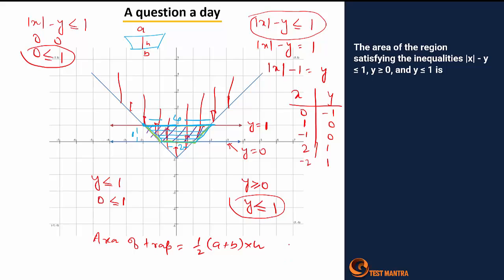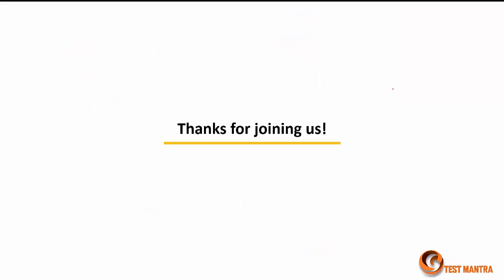So here the value is half of 4 plus 2 into height 1. That gives half of 6, which is 3. So my area is supposed to be 3. That will be the answer here. Okay, so that's all for today. Thanks for joining us.